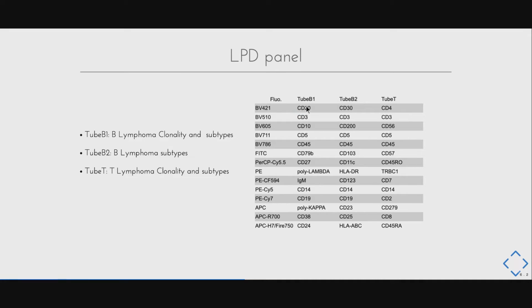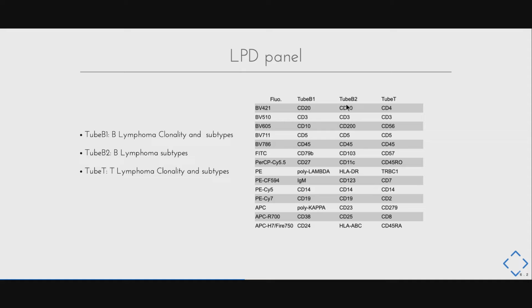The B1 tube contains kappa and lambda light chain antibodies, and also CD10 and CD5, so as to identify the B cell clonality and also for B cell phenotyping.